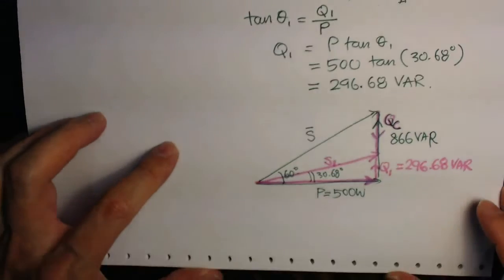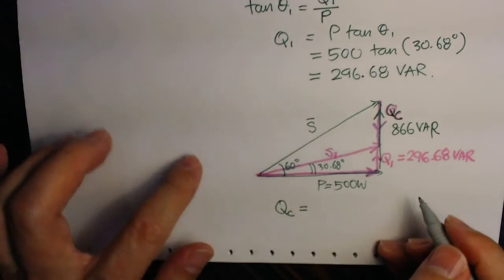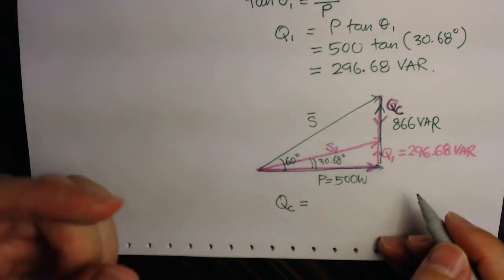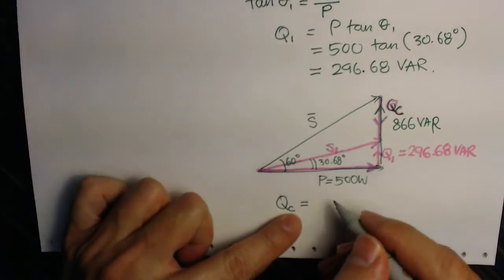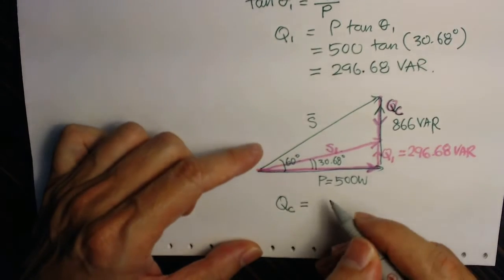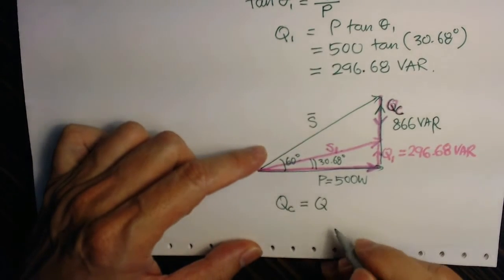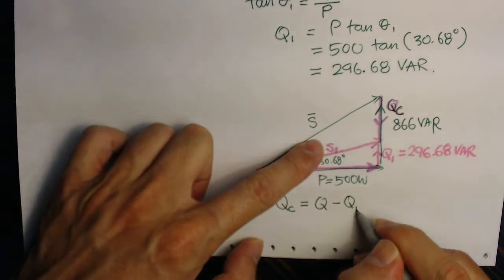Alright, in other words, QC, the reactive power that must be provided by a capacitor, because this is an inductor, so capacitance will force it to come down, must be the original reactive power minus the new reactive power that we need. Right?